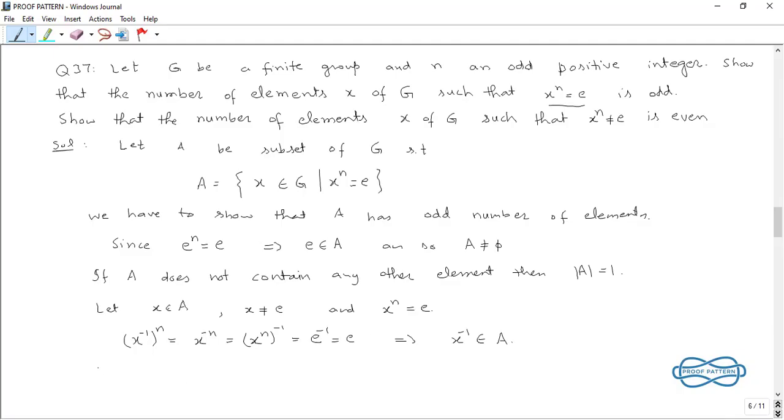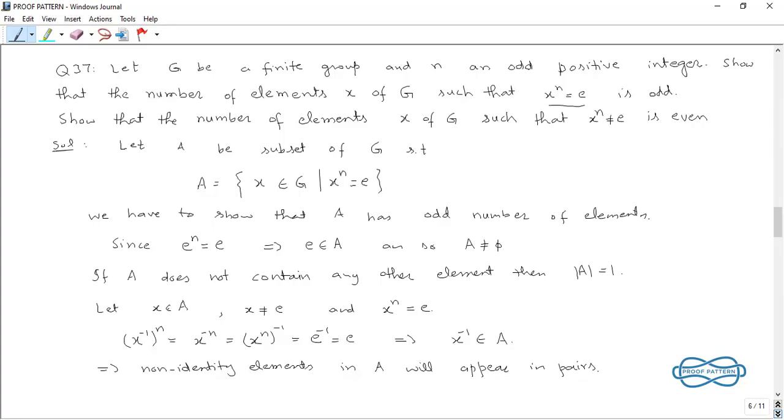This means non-identity elements in A will appear in pairs.